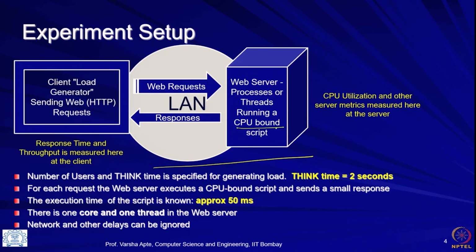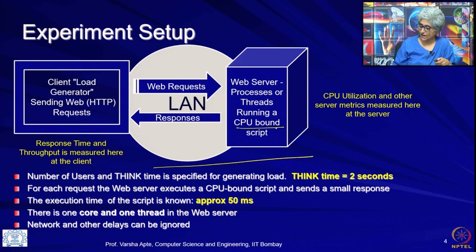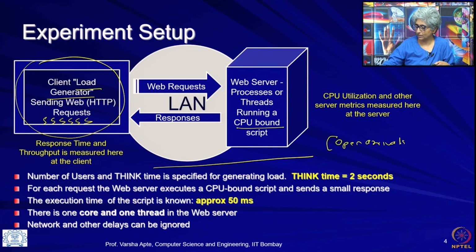It runs a CPU bound script, and there is a client server where multiple threads of the load generator software generate requests. The difference is that earlier, in the open system with open arrivals, requests were just generated at a given rate.